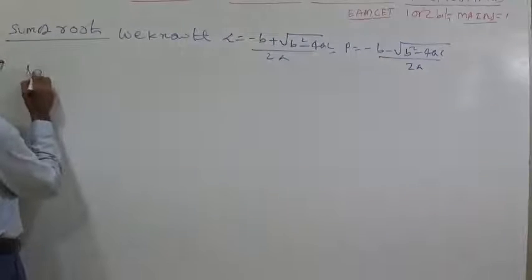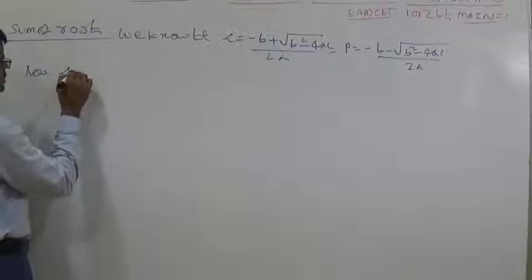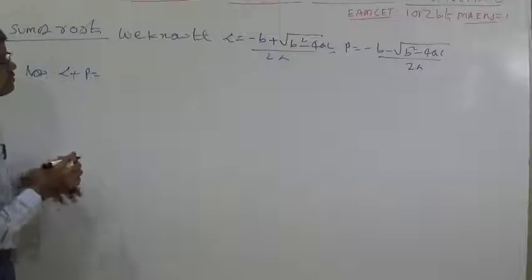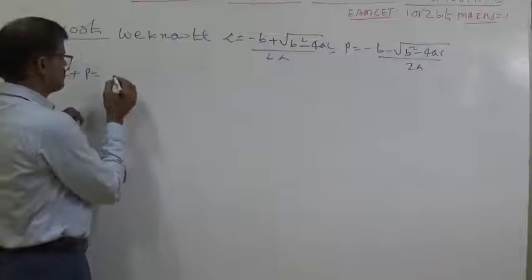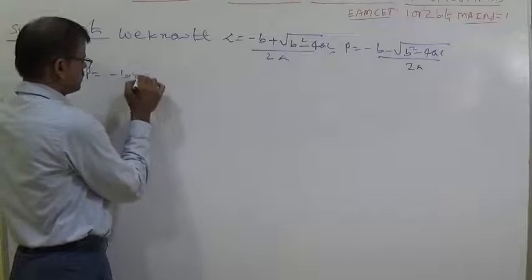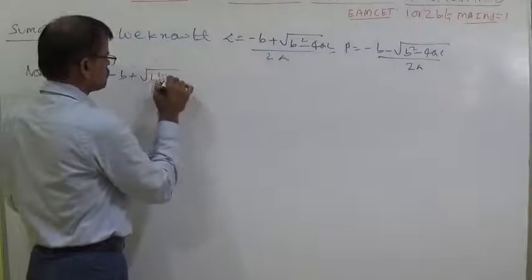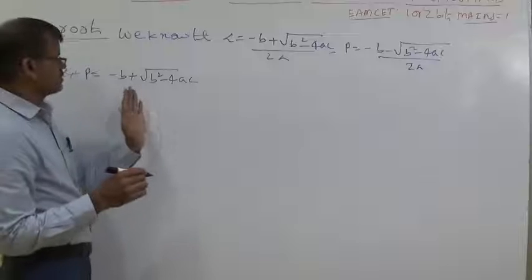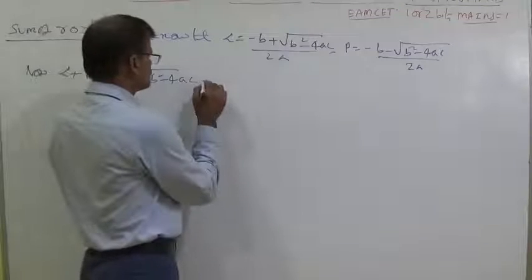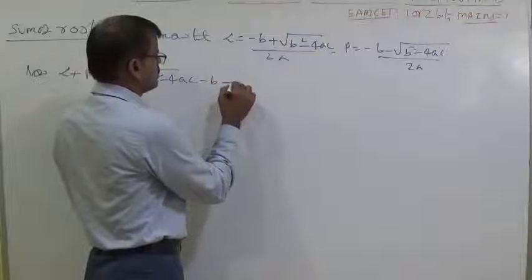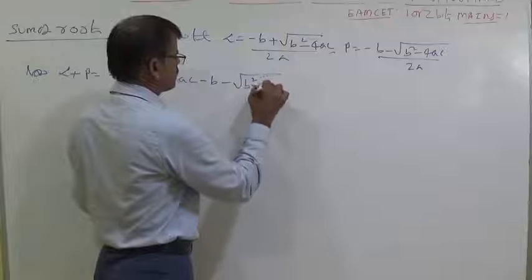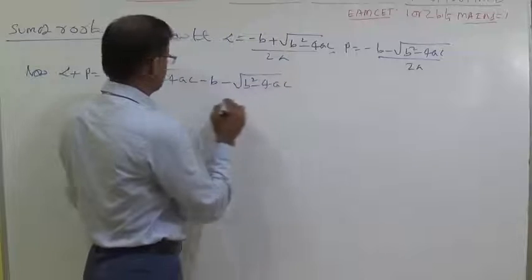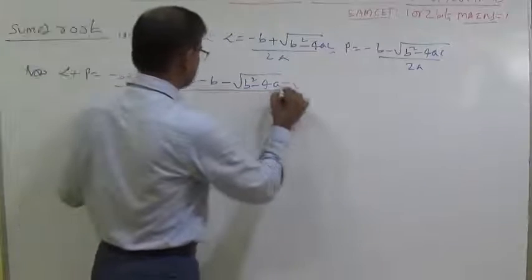Now, to get the sum of roots, you can write alpha plus beta. Alpha plus beta is equal to, write like this, add the two roots: minus b plus root b square minus 4ac, minus b minus root of b square minus 4ac, whole by 2a.